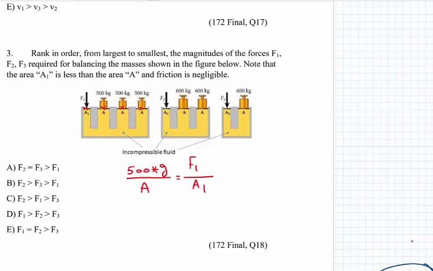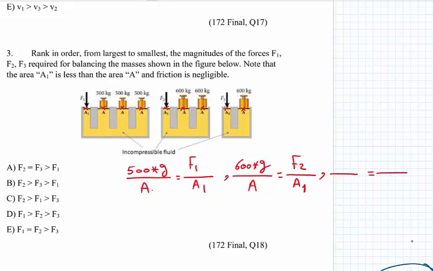And also for the second device, the pressure here equals the pressure on the other side. So you can say that 600 kilograms times g, which is 9.8, which is the weight here, divided by the area A, equals the force F2 divided by the area A1. And for the third device, the same issue.